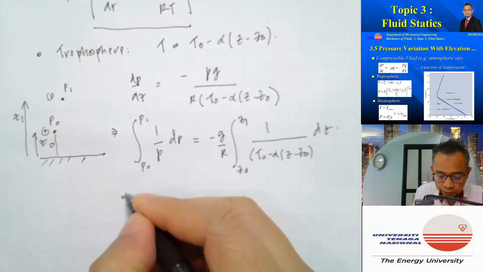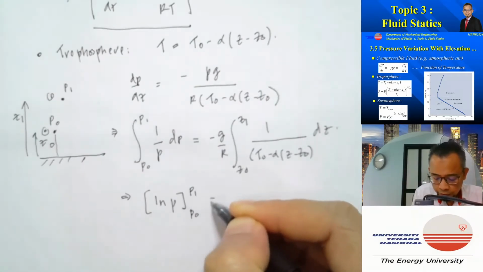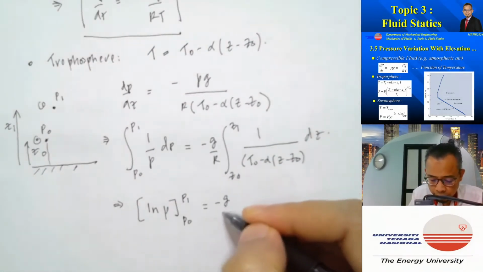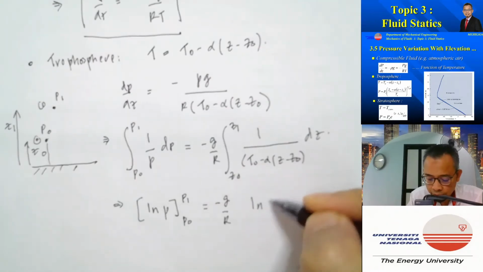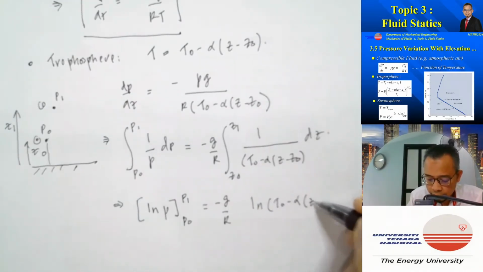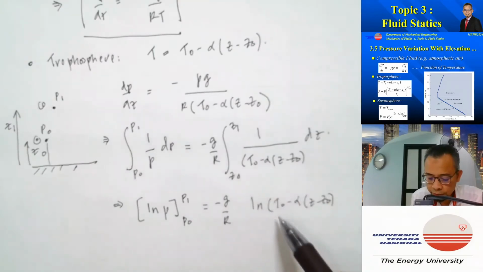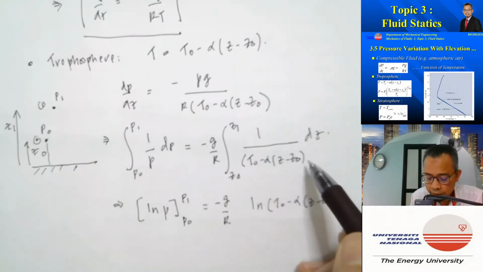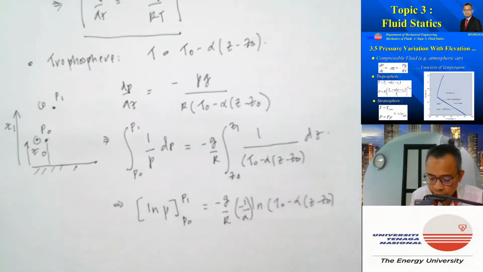If we integrate, we get log P from P0 to P1, equal to minus g over R times the integral. The integral gives log of T0 minus alpha (z minus z0), but if we differentiate this, we have a factor of minus alpha, so we have to divide by minus alpha. The whole thing is from z0 to z1.